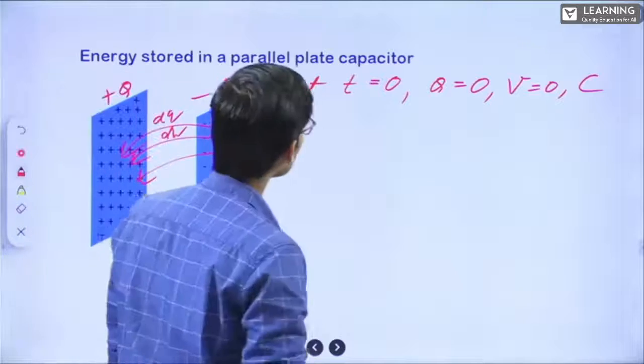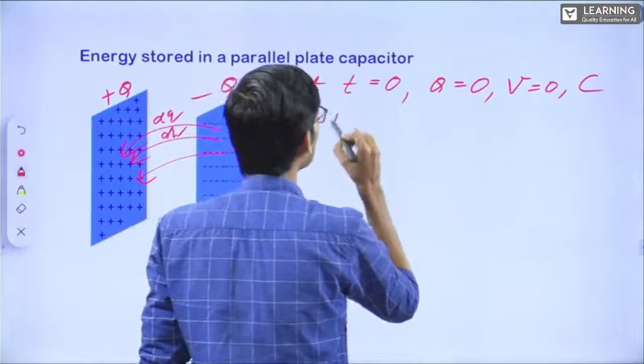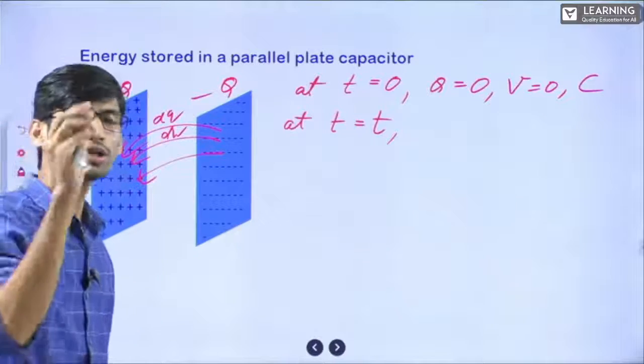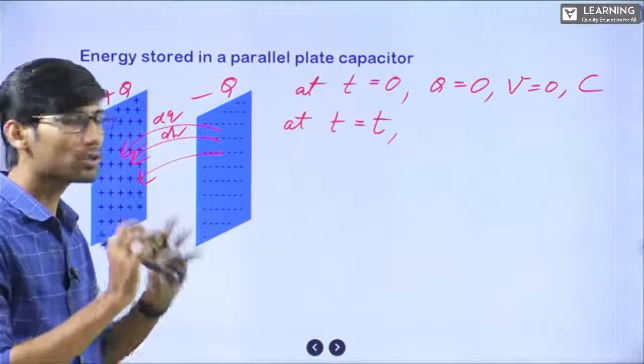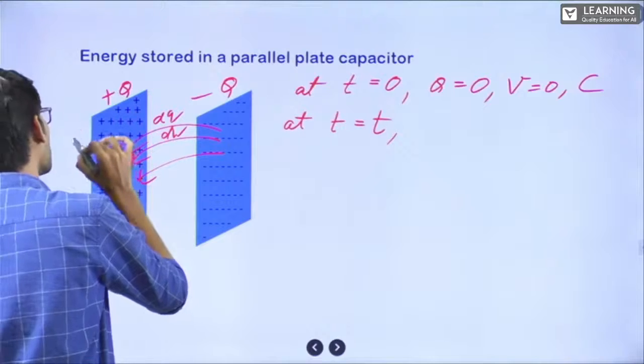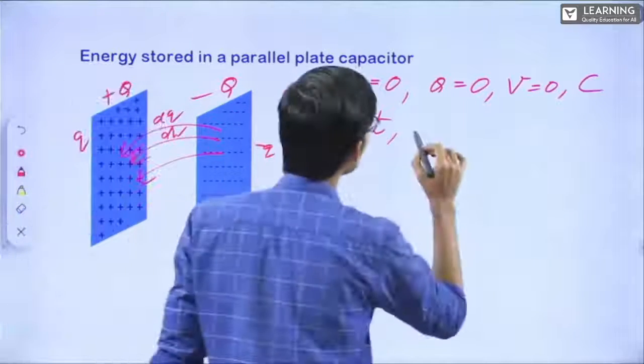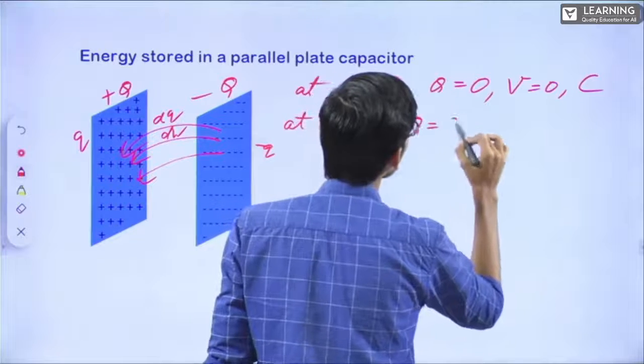At t is equal to some time t, some dQ I have brought here. So adding on the dQ at some time t, let's say there is a charge q here, minus q here. So at t is equal to t, Q is equal to small q.